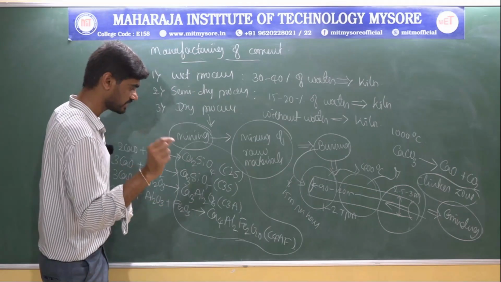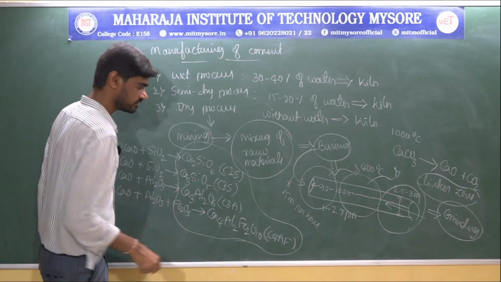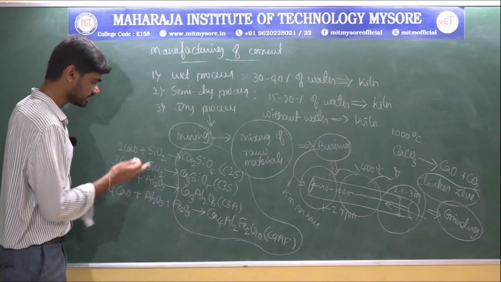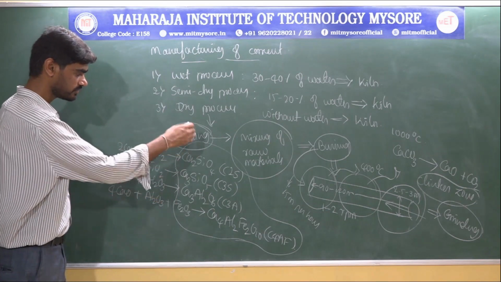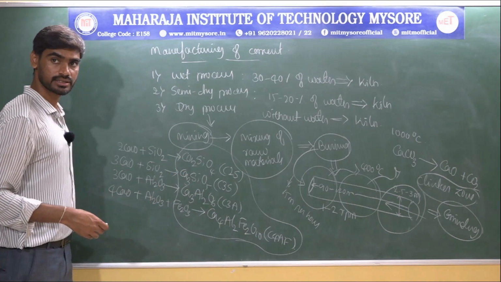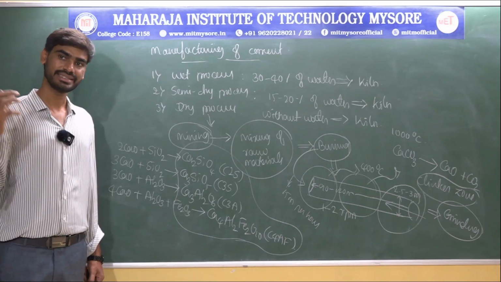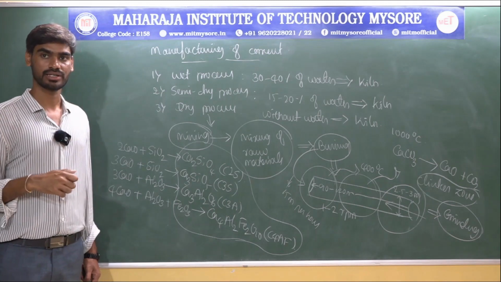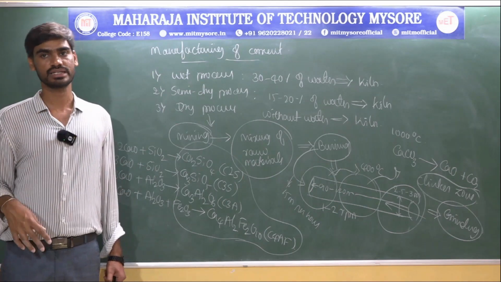The chemical composition of clinkers is basically C2S, C3S, C3A and C4AF. This is the reaction involved in the formation of clinkers. Finally, the clinkers so formed are cooled by passing air and collected in small trolleys, and whatever clinkers are obtained are subjected to grinding.